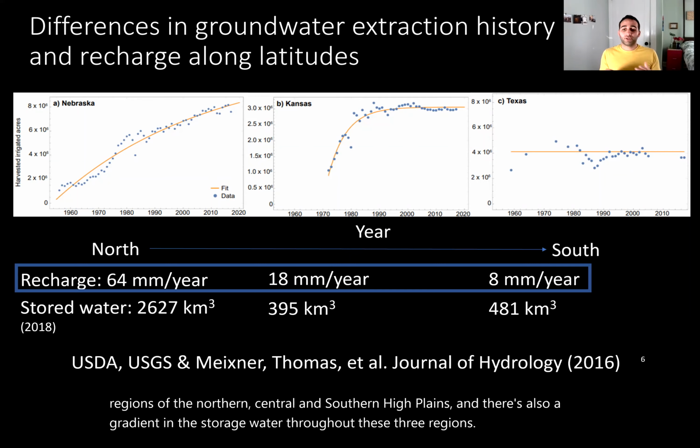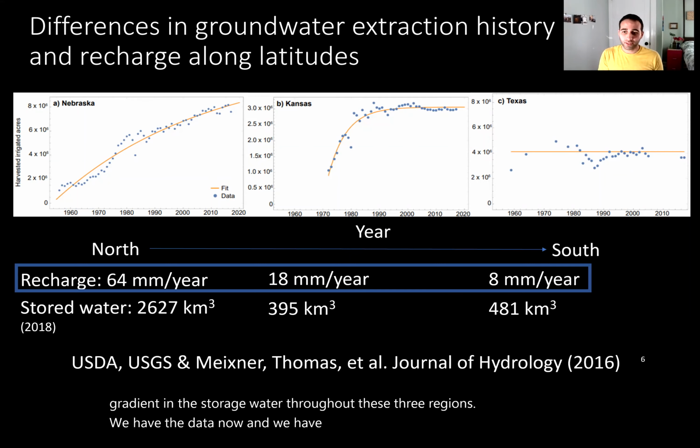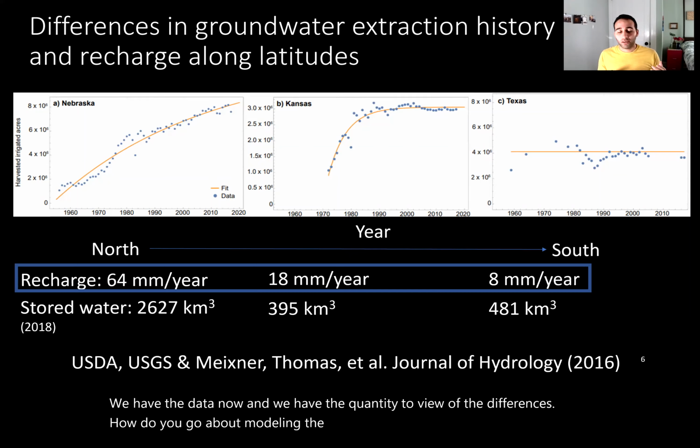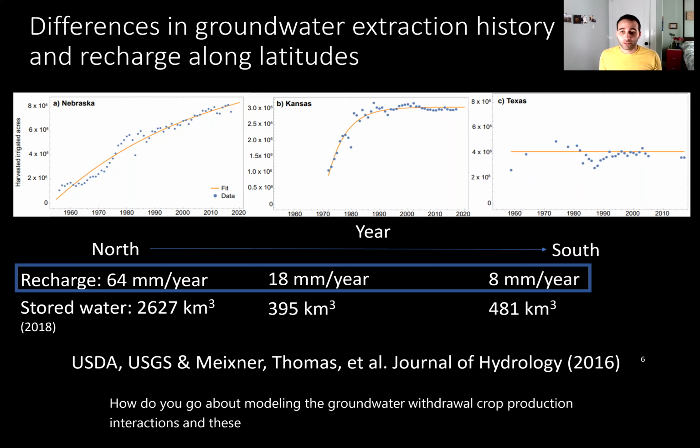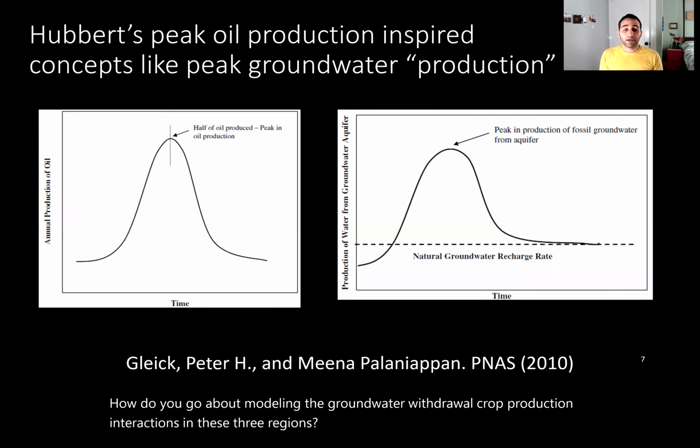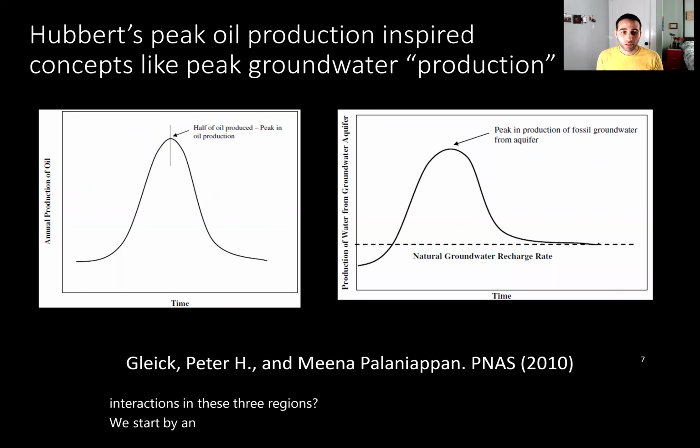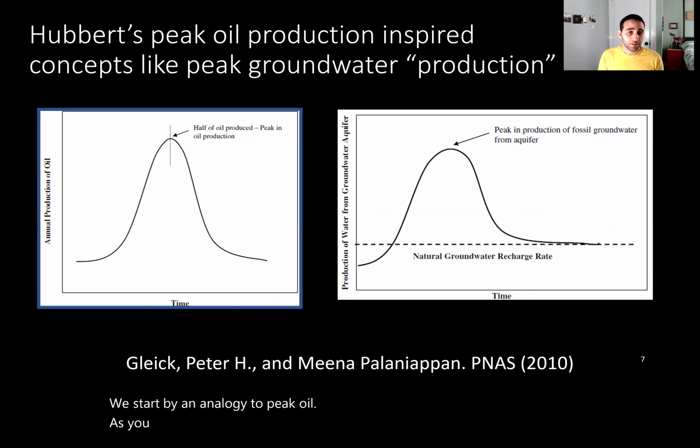We have the data now, and we have a quantitative view of the differences. How do you go about modeling the groundwater withdrawal crop production interactions in these 3 regions? We start with an analogy to peak oil, as you can see in the figure on the left. The figure on the left depicts the peak oil phenomenon.